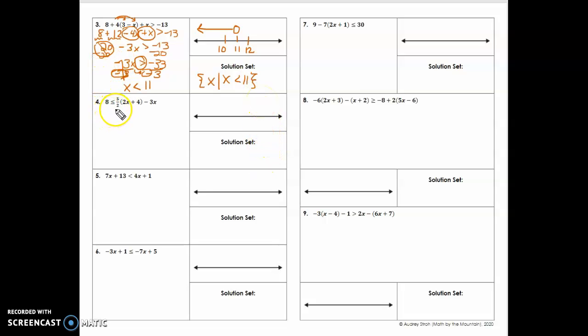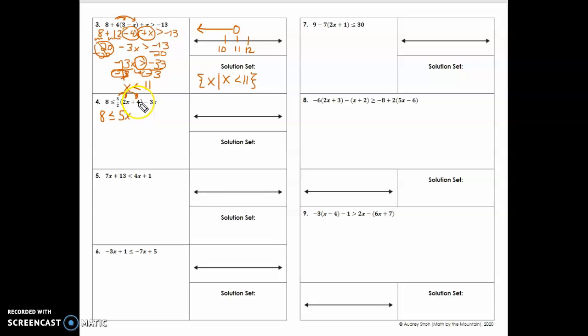Okay, number 4, parentheses. 5/2 is going to have to be distributed. I get 8 is less than. Now my 2 here, coefficient, divides out with my 2 denominator, and that leaves me with 5x. 5/2 times 4.